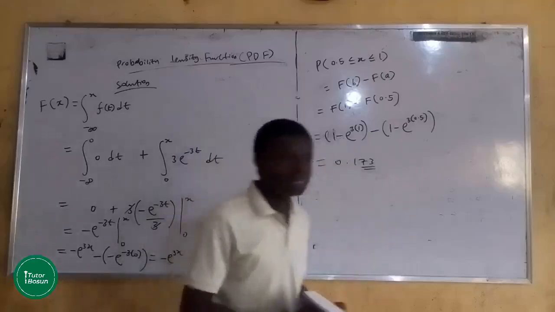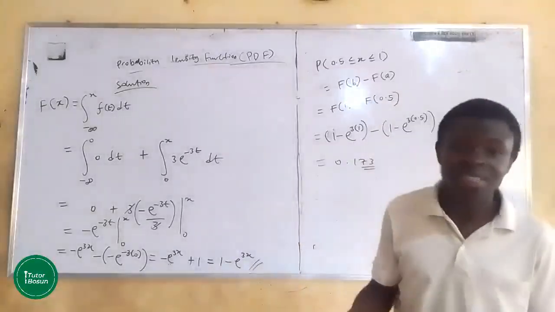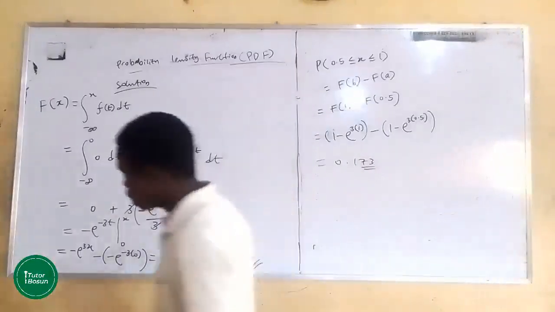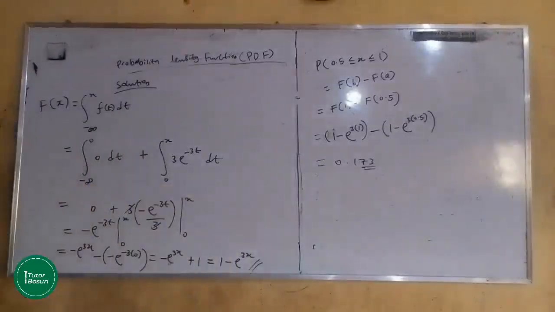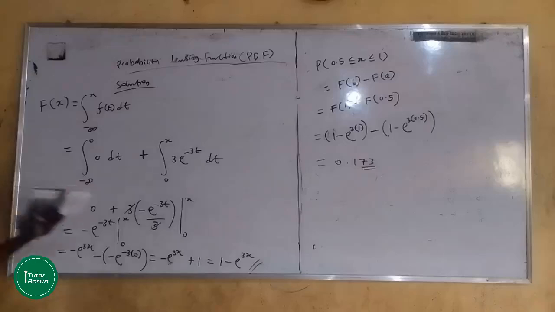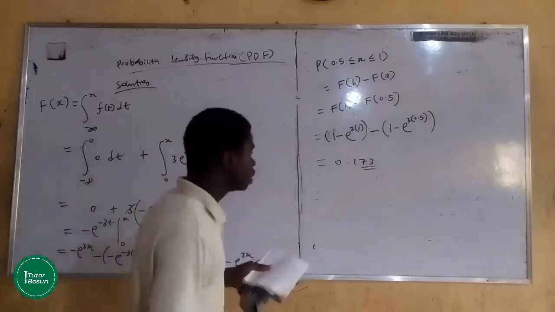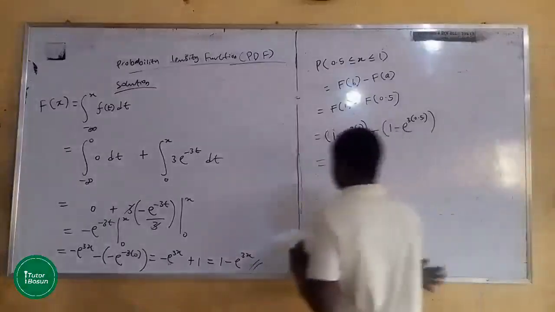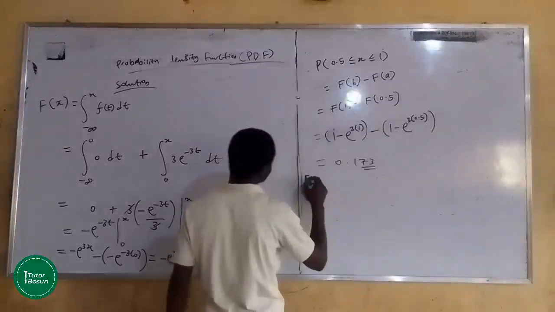So the probability will give the same answer, but with different methods. So that's the second example, the example of cumulative function under probability density function, of this lesson. So let's take the last example to wrap it up.